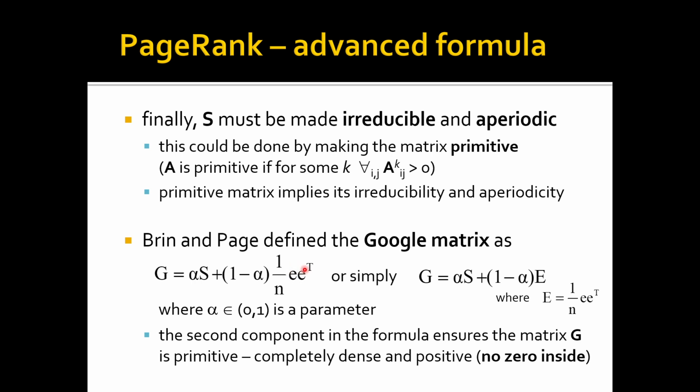We get a unit matrix, so there are only ones in this matrix. But we divide all of the ones by n, so we get basically a stochastic matrix, but completely uniform. And we will add these two matrices, the S and this normalized unitary matrix.